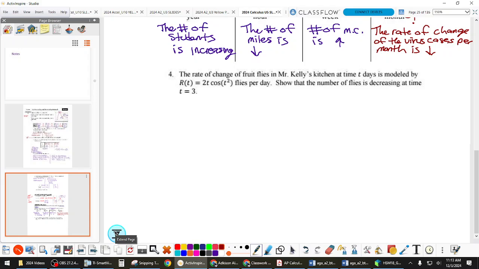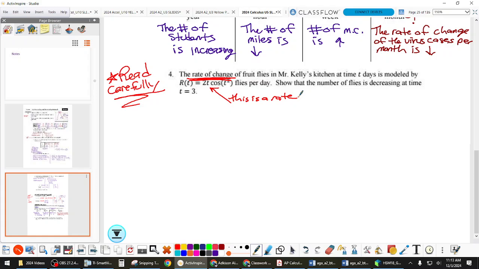So the big deal here again is to read carefully. So what is given? The derivative, right? Yeah. So this, even though it doesn't look like a derivative function, it is, right? Okay.